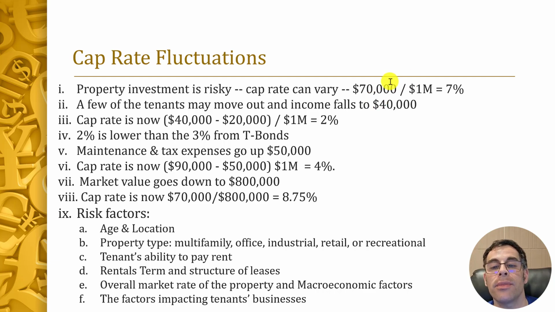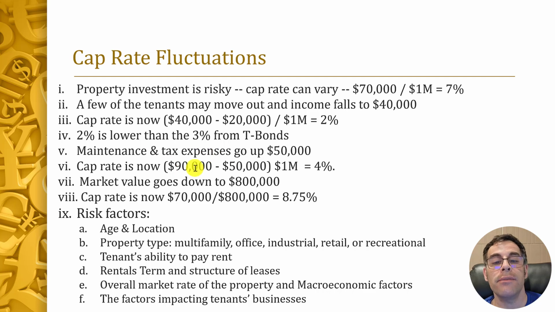The way we got $70,000 was $90,000 for rent minus $20,000 for taxes, insurance, and maintenance. But if a few tenants move out and your income is down to $40,000, now your cap rate is $40,000 minus $20,000 over $1 million. It's down to 2%. And you're taking on all this risk for 2% when you could have received 3% with zero risk T-bond.